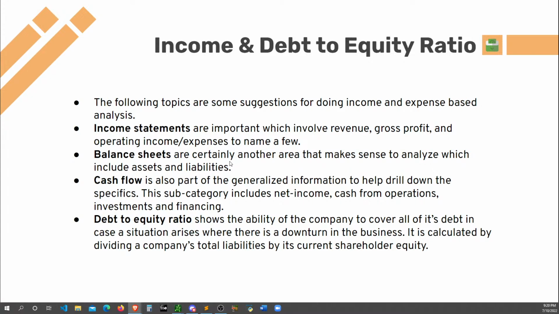Balance sheets are another way to analyze assets and liabilities. Assets tell you how much you're making, or what the profit values are, and then the liabilities say, out of my profit, how much money do I have to spend to cover my liabilities? Those two combined determine whether you're net positive or negative in income.